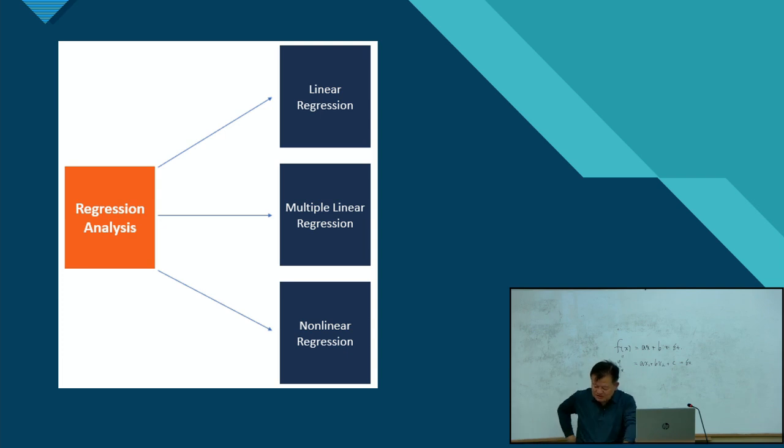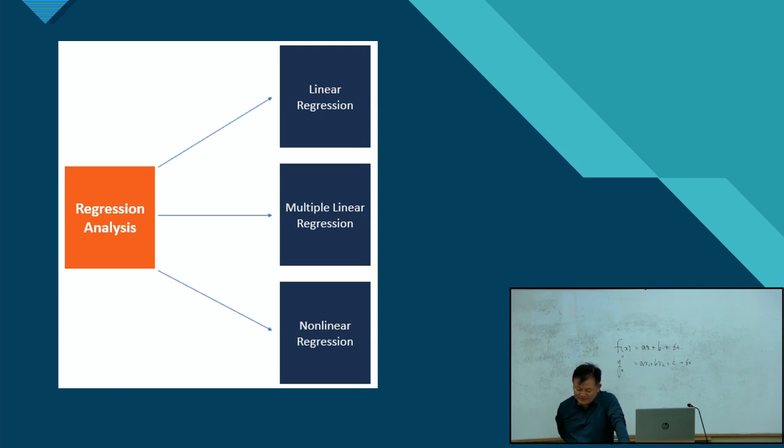So regression analysis includes several types, such as linear, multiple linear, and non-linear. The most common models are simple linear and multiple linear. Non-linear regression analysis is commonly used for more complicated data sets. Non-linear is the highest level.